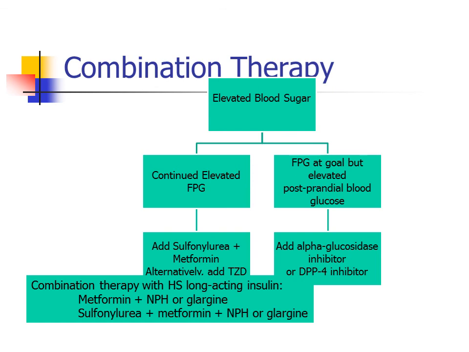And so I've noted here in the bottom left box that combination therapy with bedtime long-acting insulin, as well as metformin plus NPH or glargine, or sulfonylurea plus metformin plus NPH or glargine, those are also options if your blood sugars still aren't under control. So don't think that you just stick to the oral agents. You can always introduce insulin in combination with these oral agents. What the oral agents can do in some cases is reduce the amount of insulin that your patient will have to take.